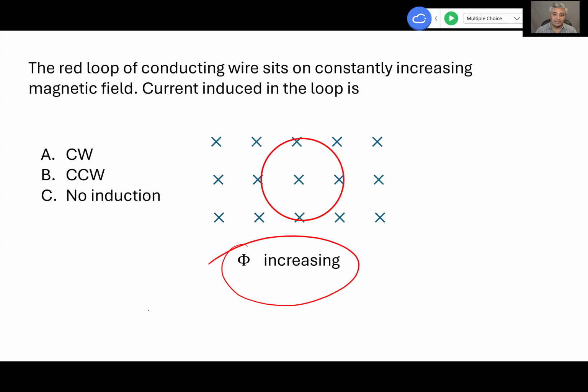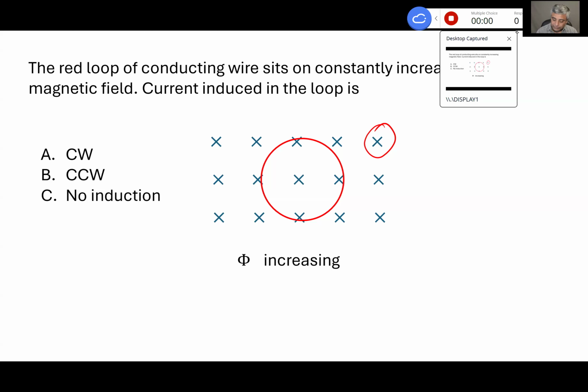The field is going to increase as long as the magnet is coming closer. Which way it increases, that's a different story. So for that, this is step one. Anyway, in this case, you already know the direction. Step one is already there. So again, a minute and 30 seconds for you folks.